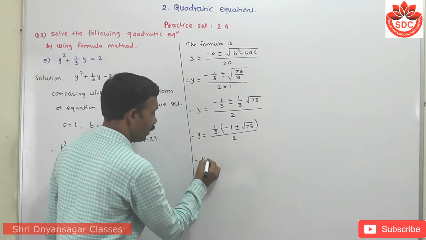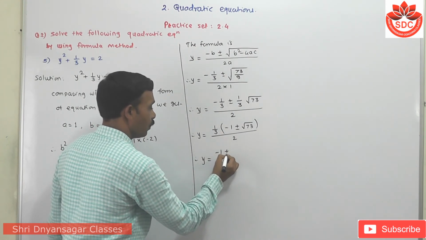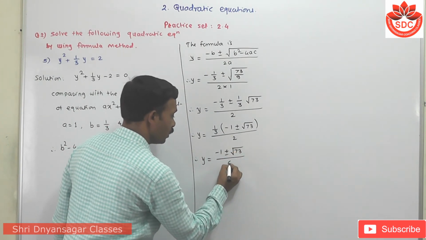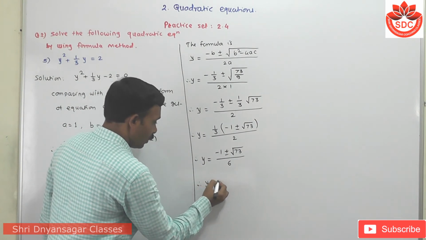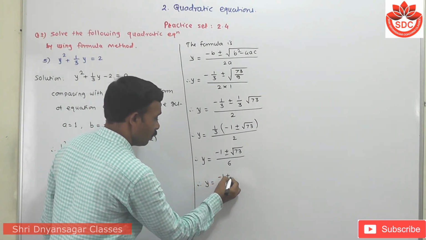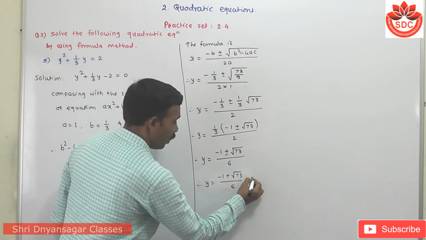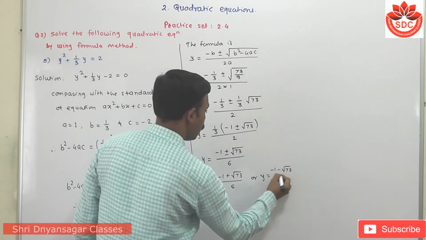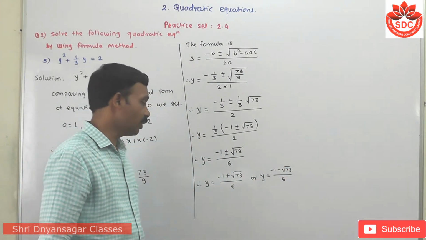Therefore, I have to write the next step. This 3 to the 6 means that minus 1 plus minus root of 73 upon how much? 6. Then we write 2 times here, means that minus 1 plus root of 73 upon 6, or y is equals to minus 1 minus root of 73 upon 6. Means that this is the value of alpha and this is value of the beta.